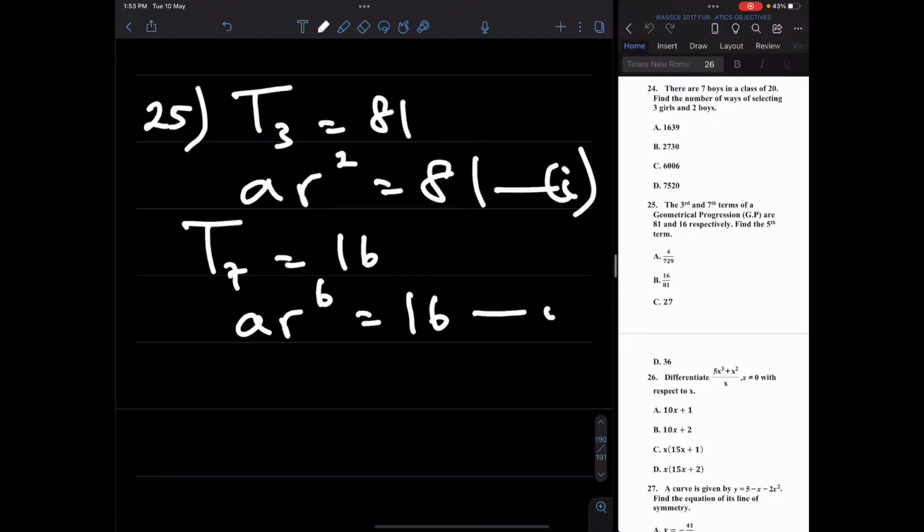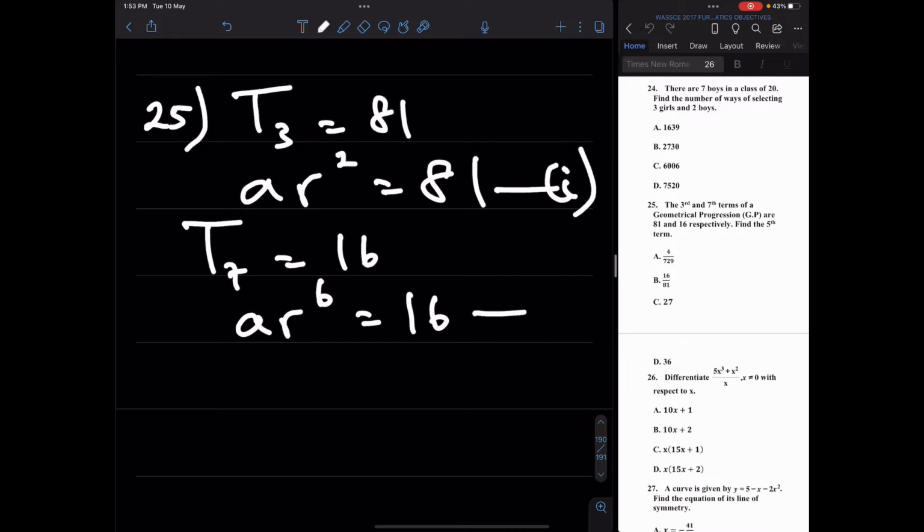So that's y, and dy dx will be equal to 10x plus 1. This is a piece of cake. It looks like the simplest question we've seen so far. The answer is A. The correct option is A, 10x plus 1.